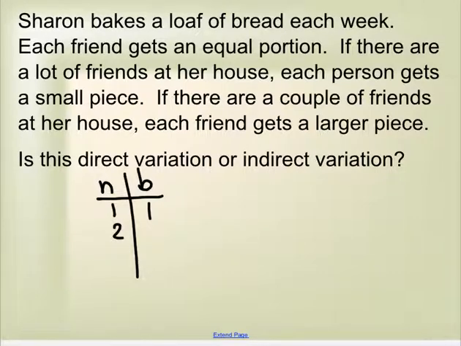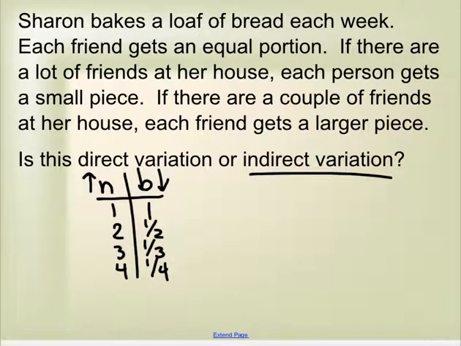If there are 2 people over, they each get a half. If there's 3 people, they each get a third. 4 people, 1/4. And you start to see the pattern here. And what we see is that as we increase the number of people, the amount of bread that each person gets decreases. So this is indirect variation.